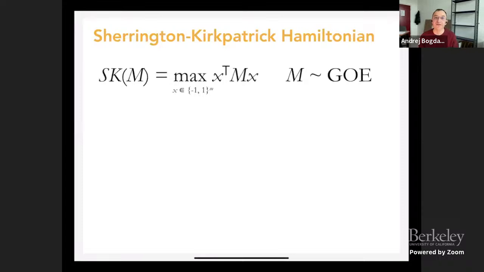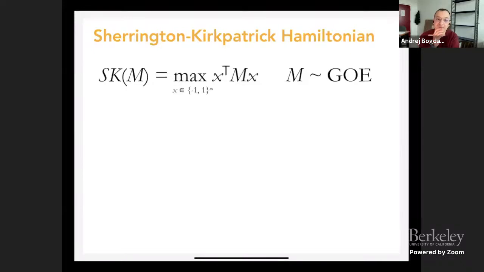And what this problem asks is to optimize the form X transpose MX, where X itself is a vector in the Boolean cube. I think this was proposed back in the 70s as some kind of model of spin glass. I don't know exactly the history, but it's an interesting combinatorial problem in its own right.